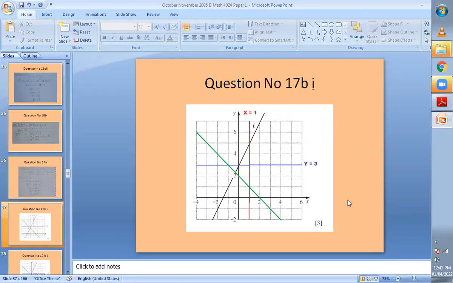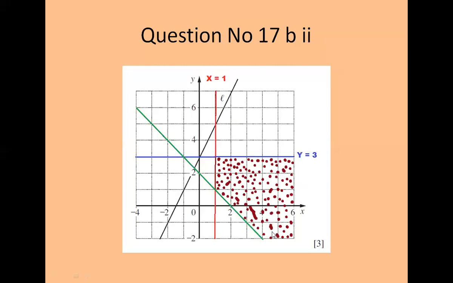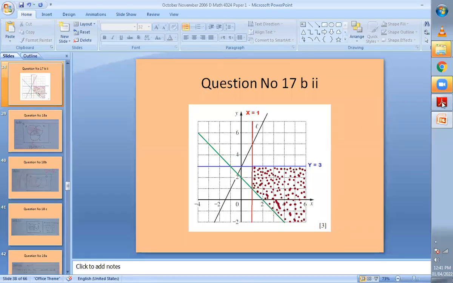So when you take those inequalities, that is the area which they have told us. This is that area, which is bounded by these three lines.